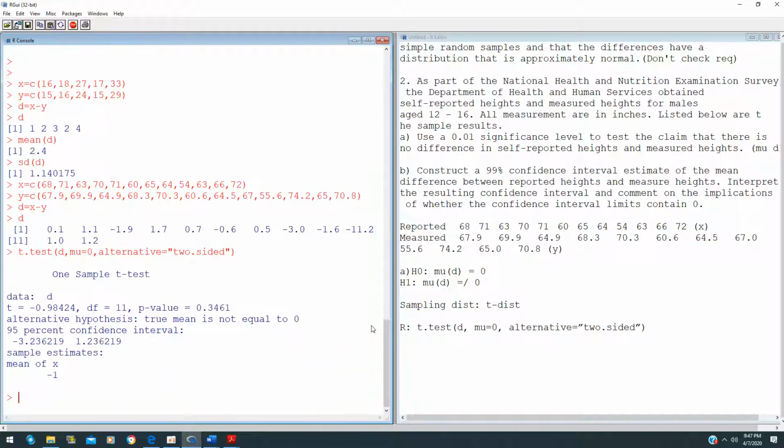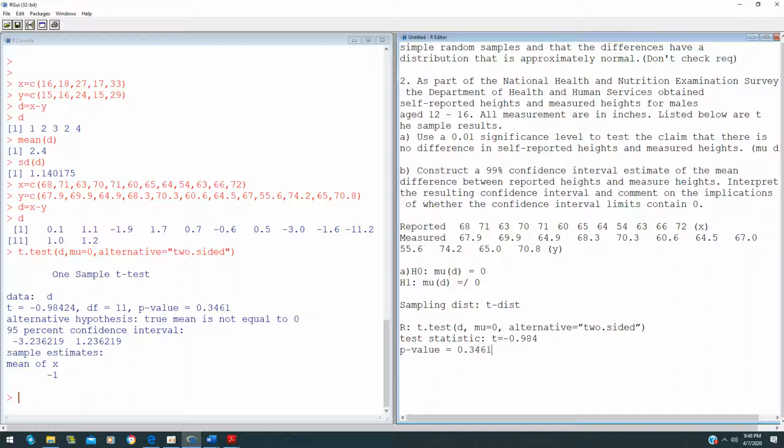So you will get this. This is your test statistic here. So your test statistic in this case will give us a t. That's why it's called t distribution. In this case it is negative 0.984, and your p-value in this case is given as 0.3461.